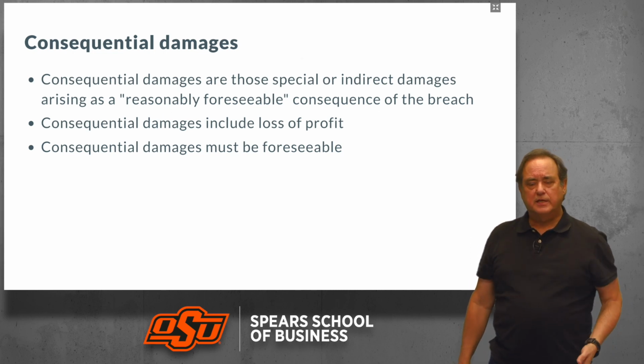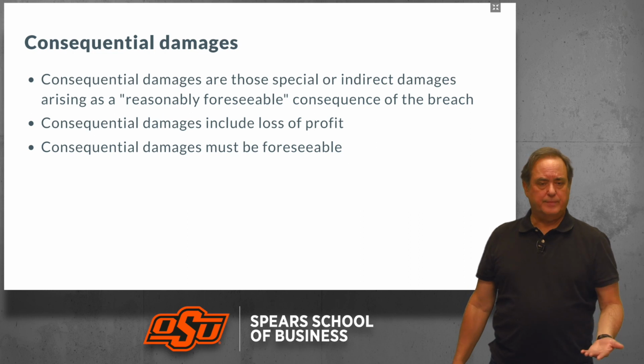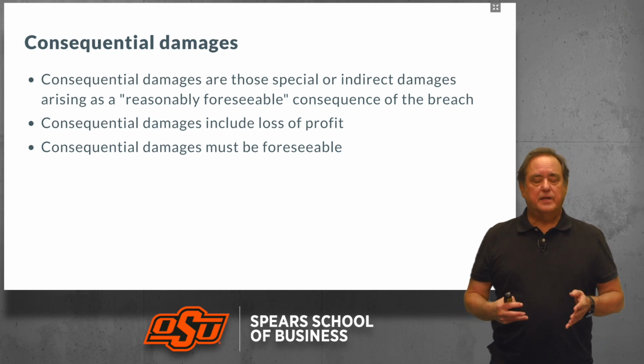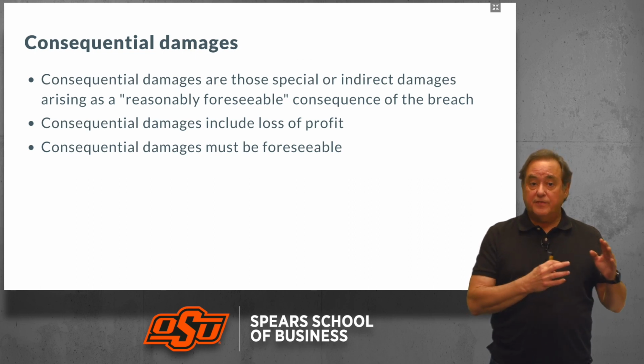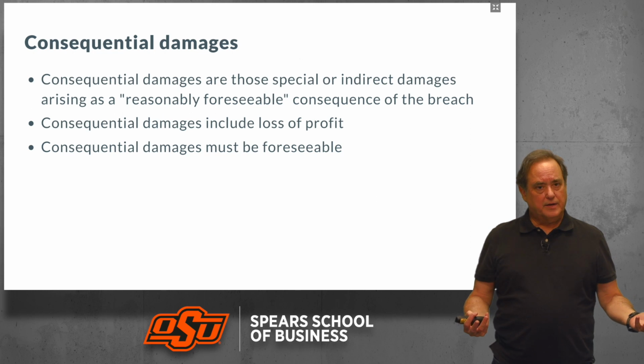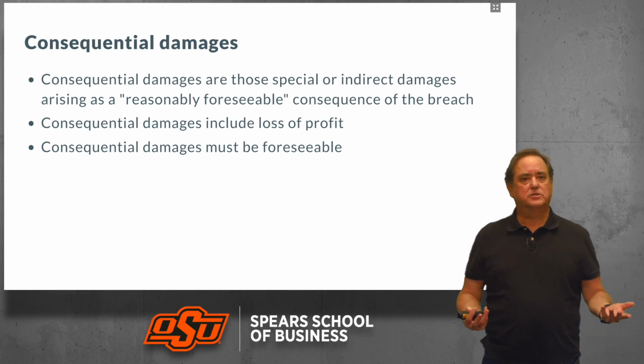So for instance, undoubtedly in your cell phone agreement, there's going to be a provision that says if a party fails to perform, the other party cannot claim consequential damages.